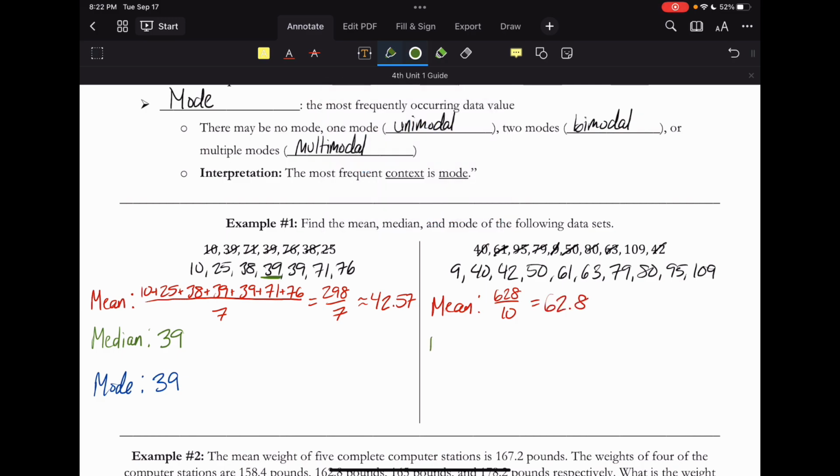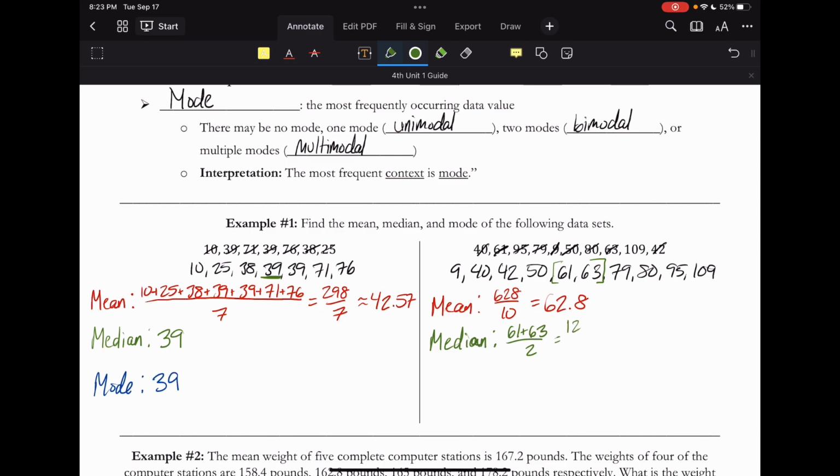Now for my median, since I have 10 data points, I need to go to the middle 2 data values. My middle 2 here are 61 and 63. So I'm going to take the average between those two numbers: 61 plus 63, divided by 2.